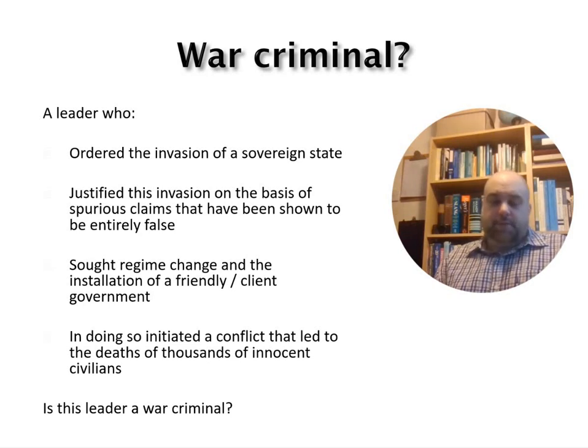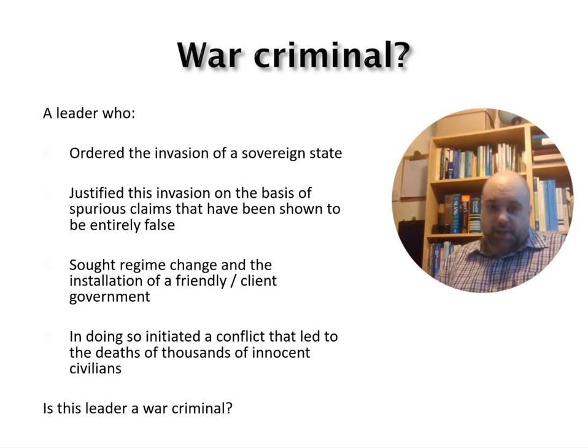And again, I often put this to my students and say, who am I talking about here? If I say there is a leader who committed the following actions. This leader ordered the invasion of a sovereign state. This leader justified that invasion on the basis of spurious claims that have been shown to be entirely false.